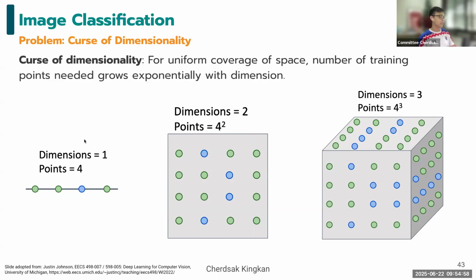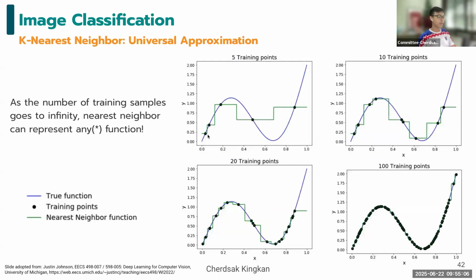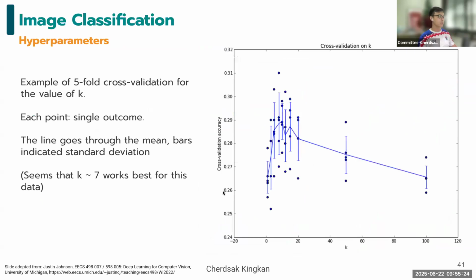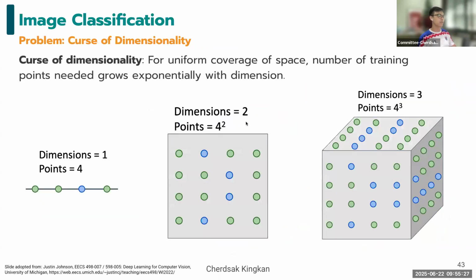For example, if the dimension of the data set is just 1, it requires 4 points to approximate. For example, here, if you want to approximate this true function, and the features or the dimensions of the sample is just 1 dimension, we probably require only 4 points. But if we increase the dimensions of the sample, we probably need the exponential, which is 4 to the power 2.